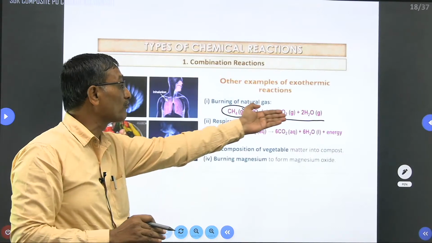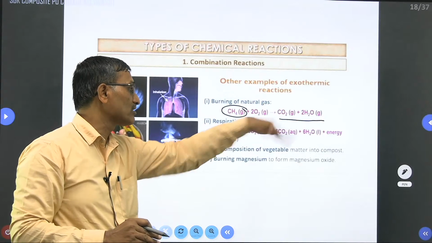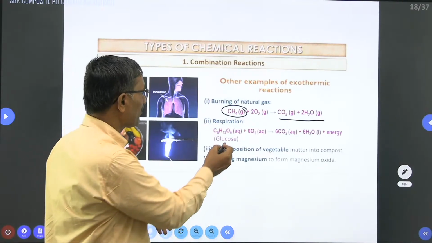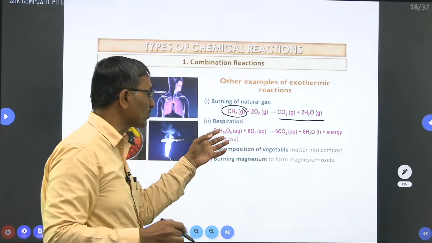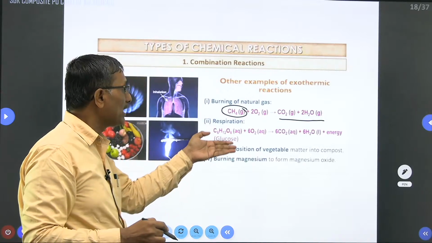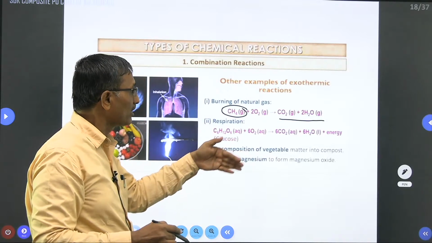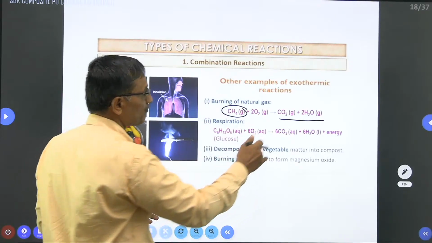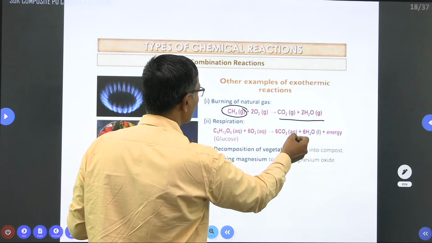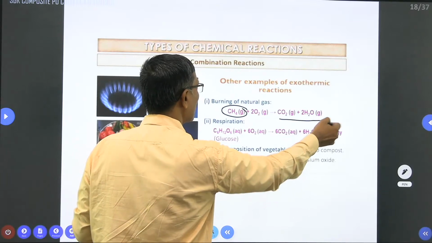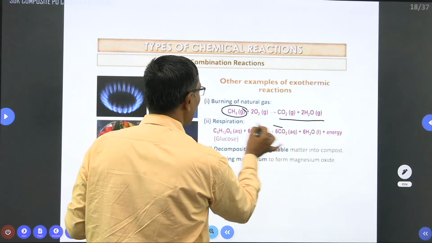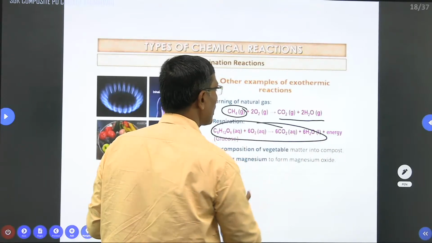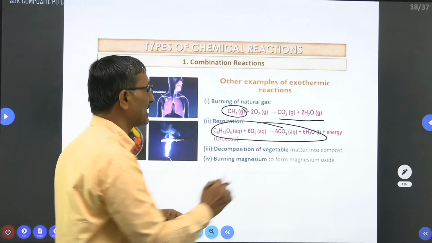Even a tremendous amount of energy is produced, students, in this reaction too. And we have taken respiration, because see, students, respiration is also one of the examples of a combination reaction. But in this case, if you see, carbon dioxide along with water is there, energy is also released. But this one I will take as the best example for an exothermic type of reaction.